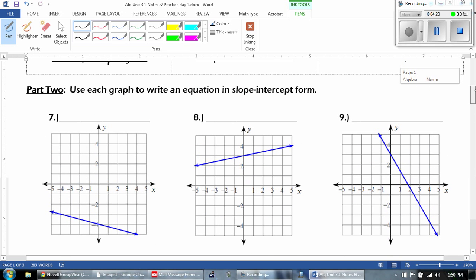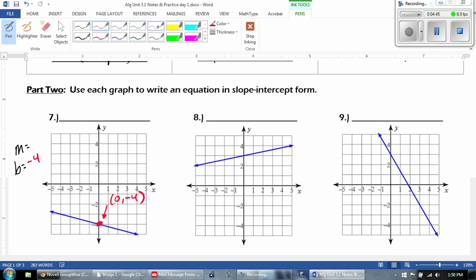So use each graph to write an equation in slope-intercept form. So remember, the two things we need is we need our slope and we need our y-intercept. So I think the y-intercept is always the easiest thing to find. That's the point (0, -4), so my y-intercept is -4. Now to find our slope, I need to find 2 points, okay?